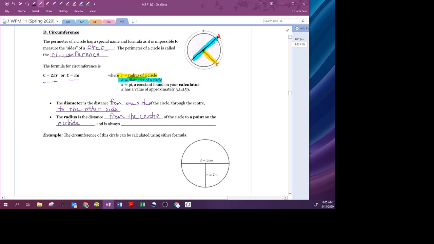So that's what I did up here. I did from the center of the circle to any point on the outside. And the radius here is the same length, and the radius here is the same length, and the radius here is the same length, okay? And it is always half the size of the diameter, half the length of the diameter.